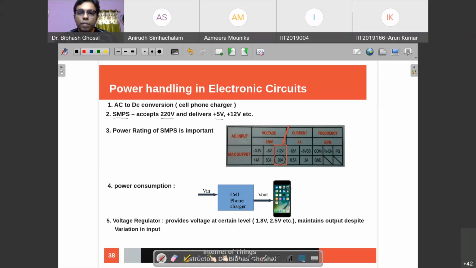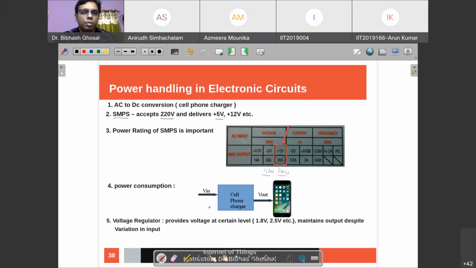Here you have 150 watt. And here you have, let's say, 240 watt. So the wattage will decide how much of a current rating you should prefer, and for that, what kind of SMPS you should take.